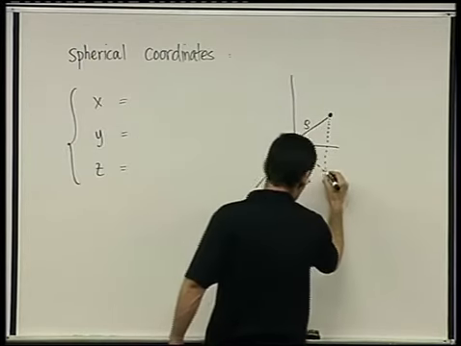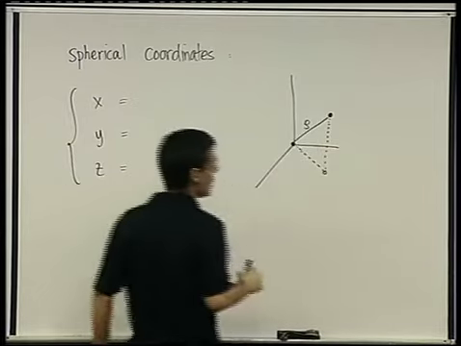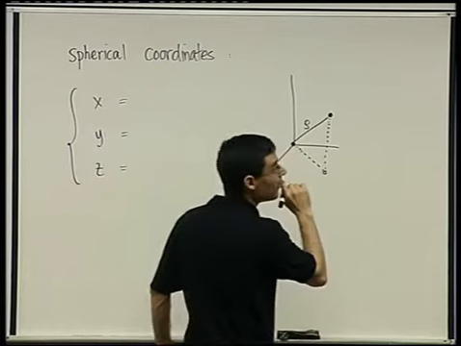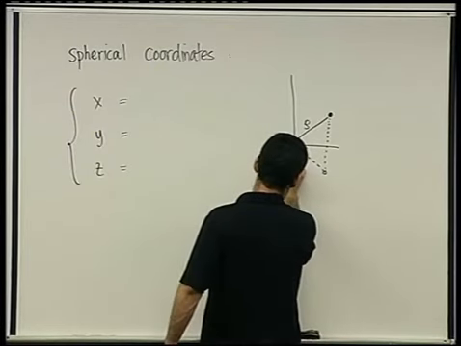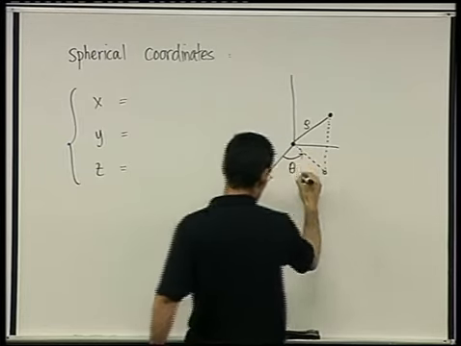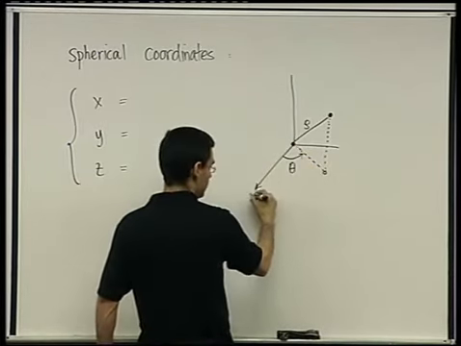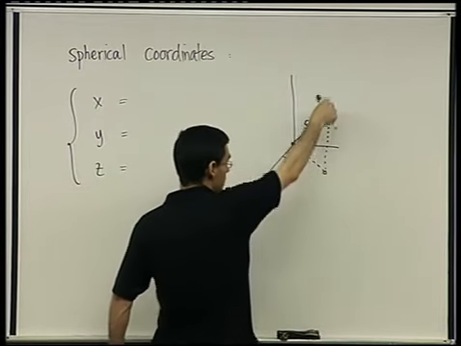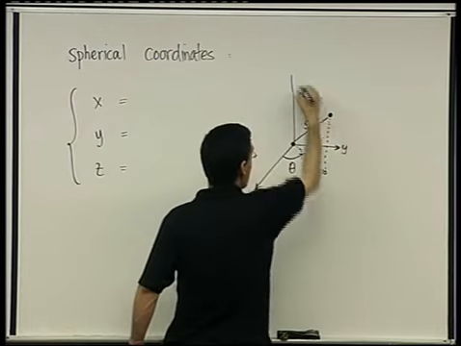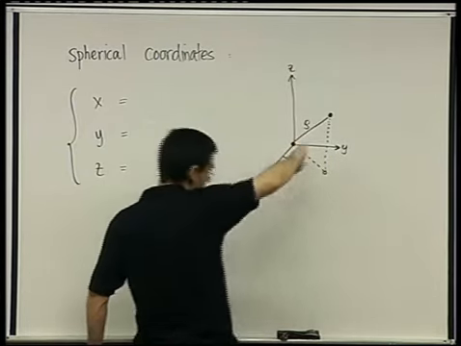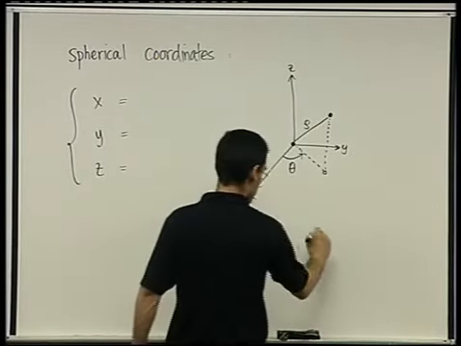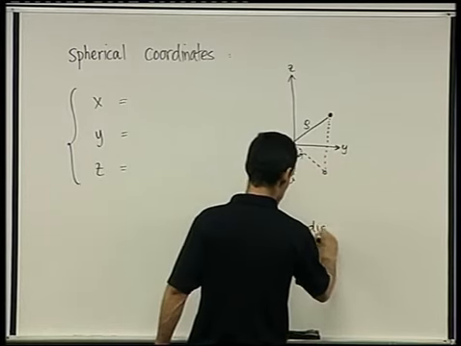We're projecting it here. This is the projection on the xy plane. And theta is going to measure the angle to the positive x-axis of the projection. So theta measures the angle. You take the point, project it on the xy plane, and measure the angle to the positive x-axis. Clear?